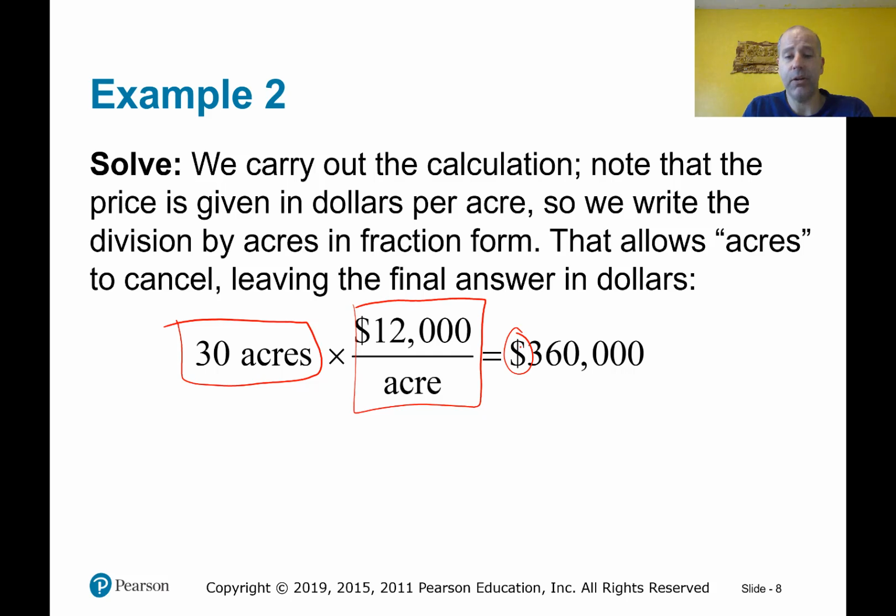We should not have acres anywhere in our answer. If we put this in a fraction, it's basically the same as 30 acres over 1. And so the acres on top cancel with the acres on the bottom. We end up multiplying across the top, and we get $360,000, because the unit that's left on top is dollars.